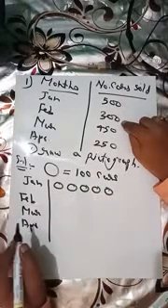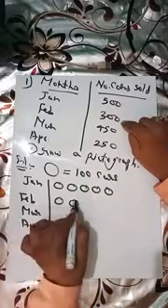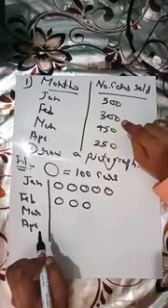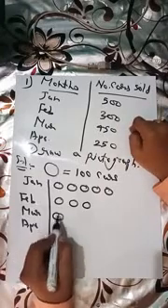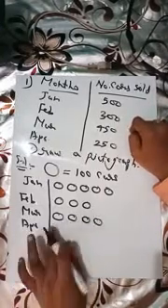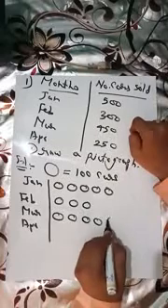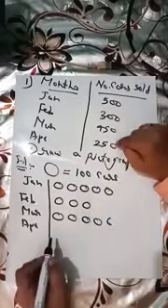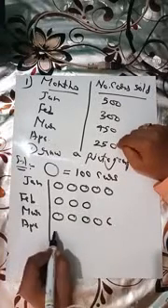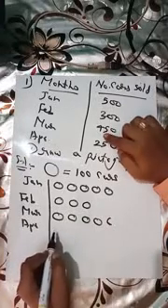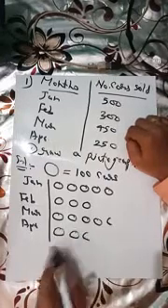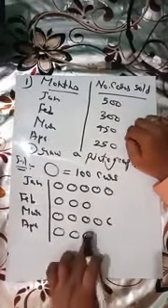For Feb it is 300, so I will draw 3 circles, because one circle means 100 cars. For 450, that means 400 plus 50, so this represents 400, and then I have to draw a half circle. This represents 50. For April it is 250, so it will be 2 circles and a half circle, where the half circle is 50.